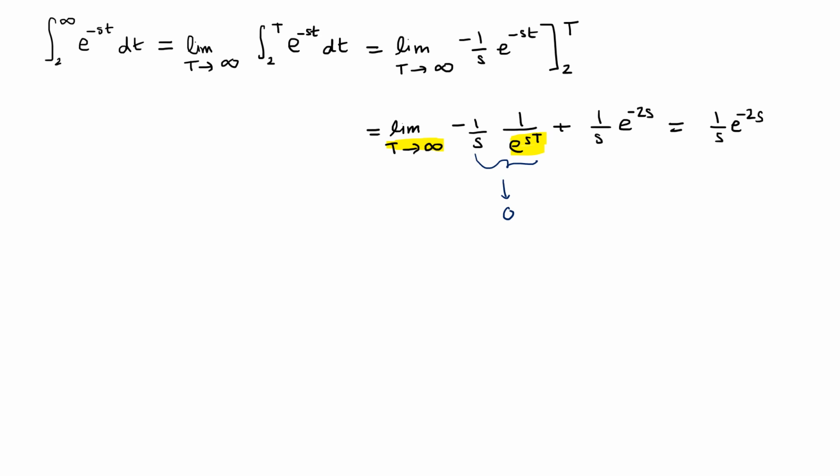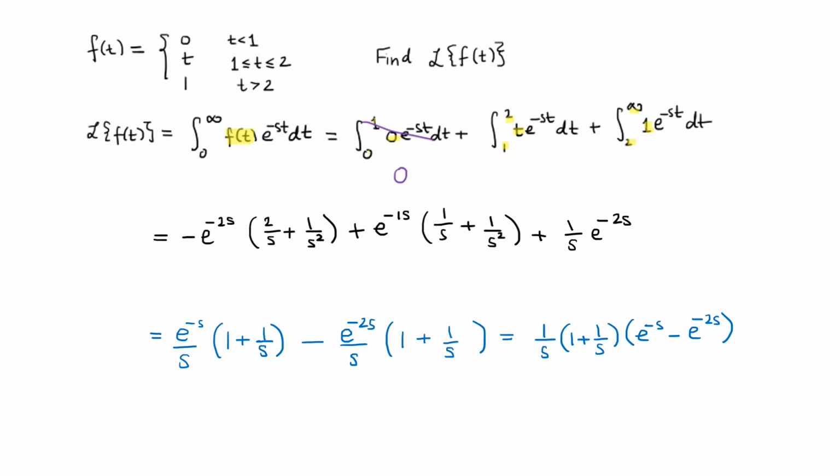Okay, all right, so putting these different pieces together, we arrive at the Laplace transform that we were looking for. Okay, so all we've done is we've recorded our answer for the first integral, our answer for the second integral, and then I just cleaned them up a little bit.